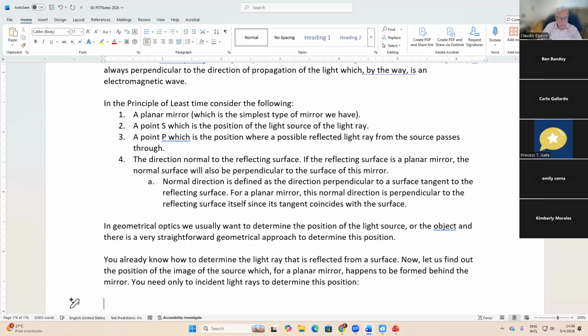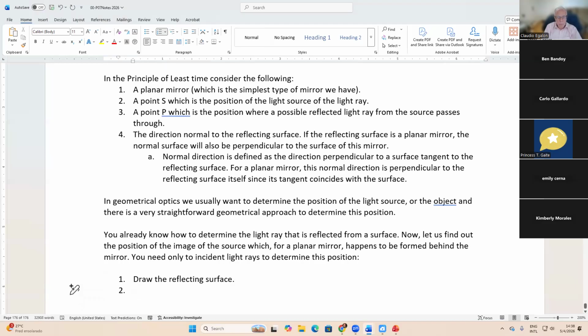Here you go. 1, draw the reflecting surface. 2, draw the point light source in front of the reflecting surface, step by step.